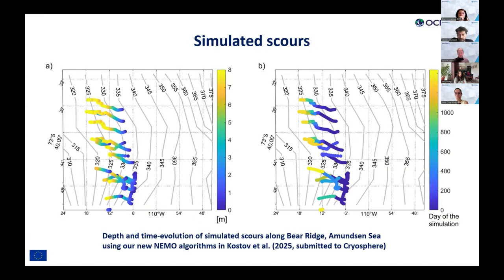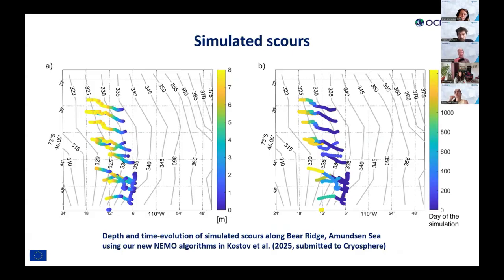And once we build this model machinery, we're able to simulate iceberg scours along Bear Ridge using NEMO. So we can emulate realistic iceberg scours where we see that they're mostly oriented in the zonal direction, just like in observations, and then occasionally they crisscross.